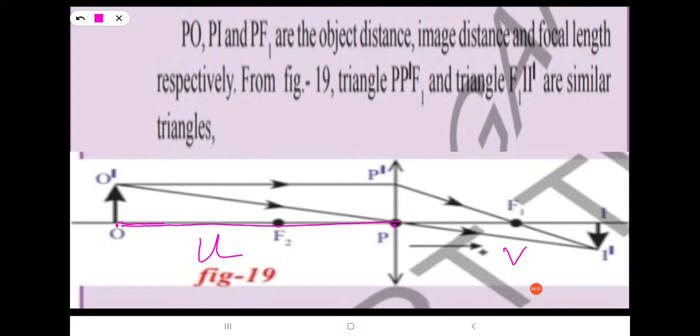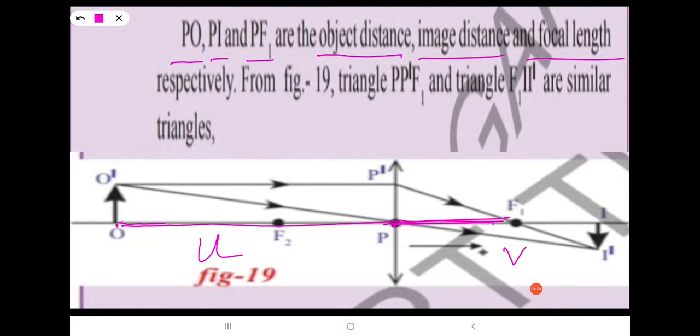And P to F1 is known as the focal length. So here PO, PI and PF1 are the object distance, image distance and focal length.